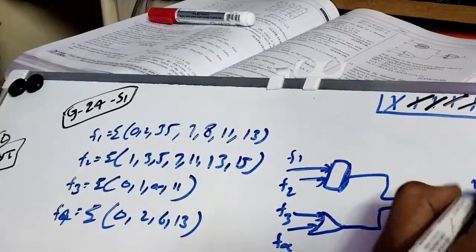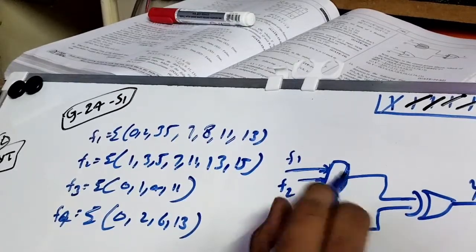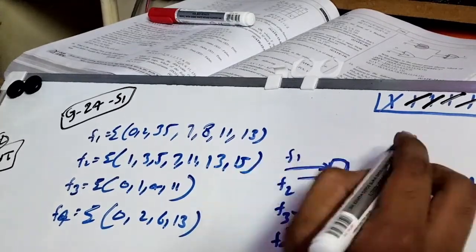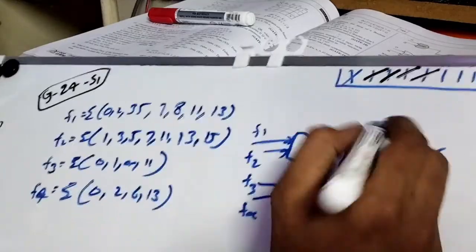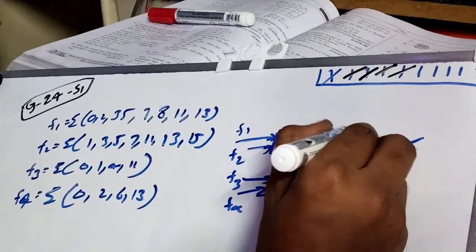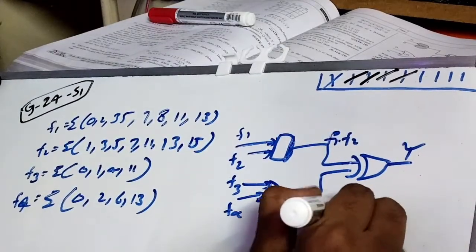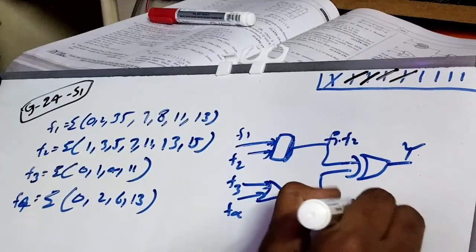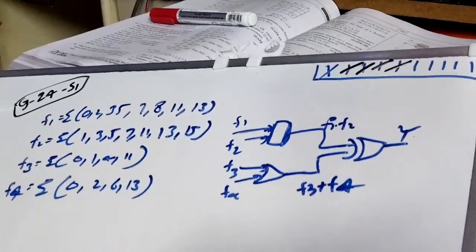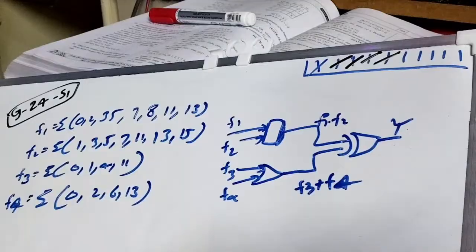So here, the inputs of the XOR gate will be F1 dot F2 and F3 plus F4. Let's simplify this.